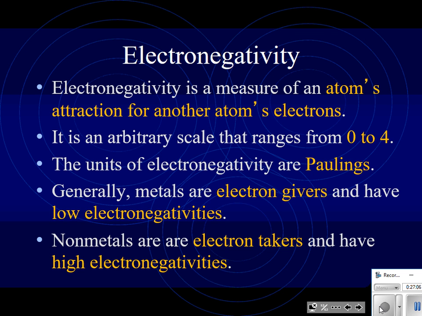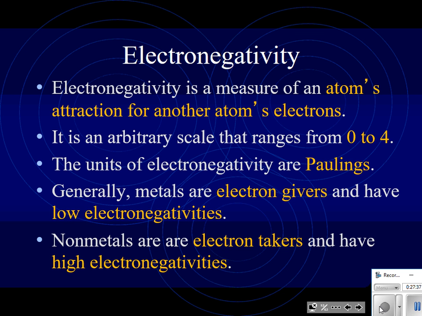Generally, metals want to lose electrons. They are electron givers. So their ability to attract another atom's electrons is going to be small because they don't want to attract electrons. Who wants to attract electrons? Nonmetals. Look at your periodic table, at the halogens.